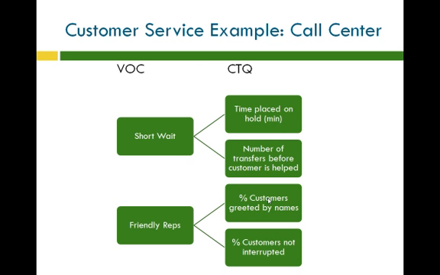CTQs for wait time may be, let's keep track of the time the customer is placed on hold in minutes, or let's keep track of the number of transfers before the customer is helped. For friendly reps, we could track that by seeing the percentage of customers that are greeted by name, or the percentage of customers not interrupted. So you can see all the CTQs are measurable entities that have units attached to them, and you can use those to see at the end of the month how you're doing.